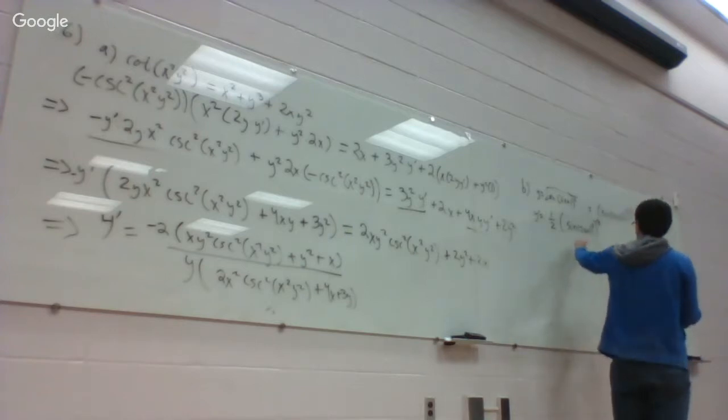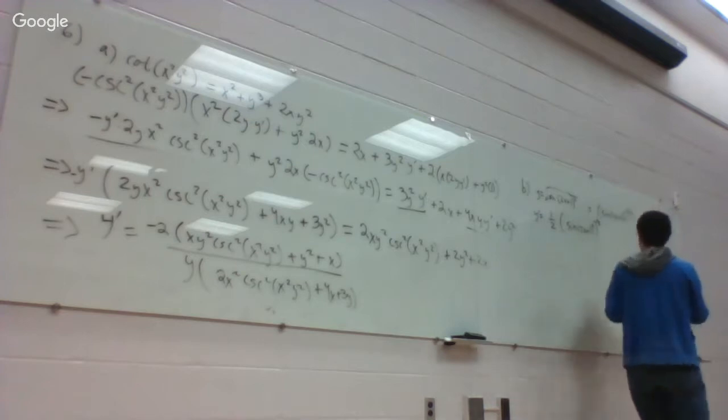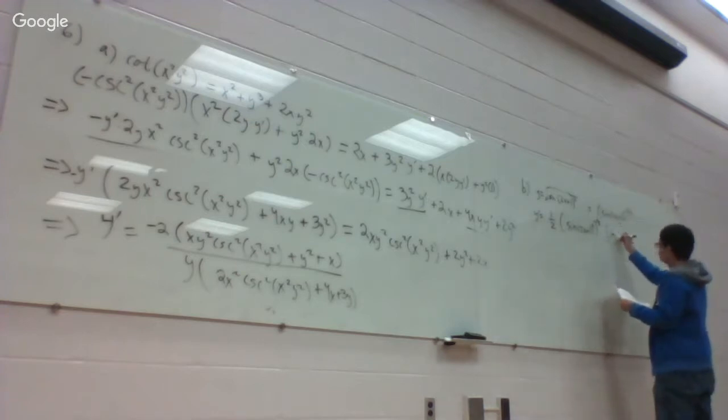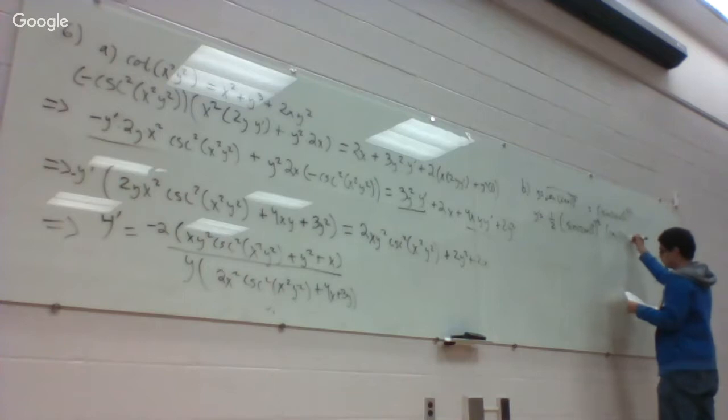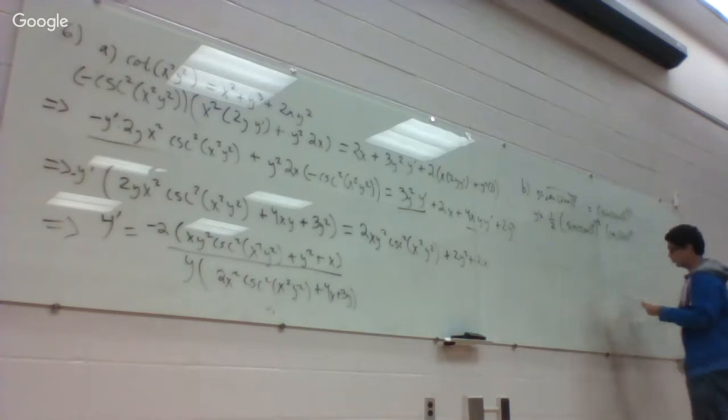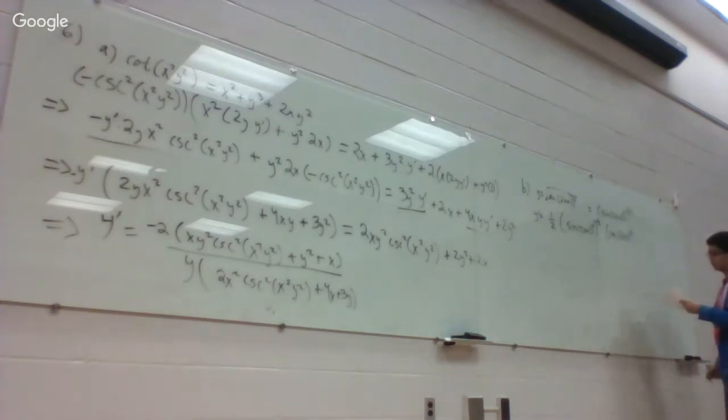What is the derivative of sine? Cosine of 2x plus 1 squared. What is the derivative of 2x plus 1 quantity squared? 2 times 2x plus 1 times 2.